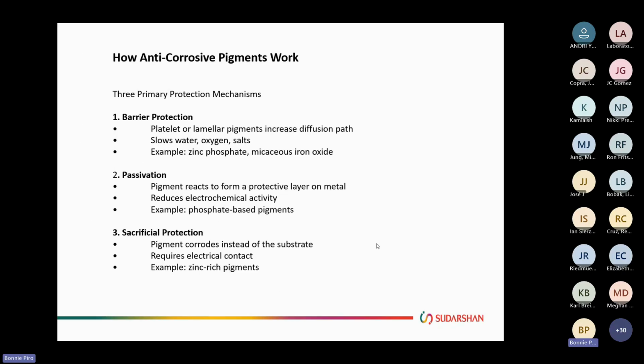I mentioned the three mechanisms for anti-corrosives. A little bit more about the first, barrier protection. This is there to really just slow the water inflow into the system if it does find a pinhole or a crack to get through that top layer.